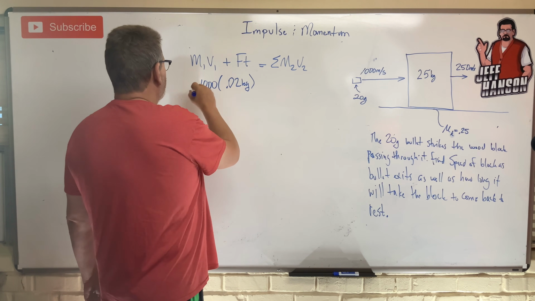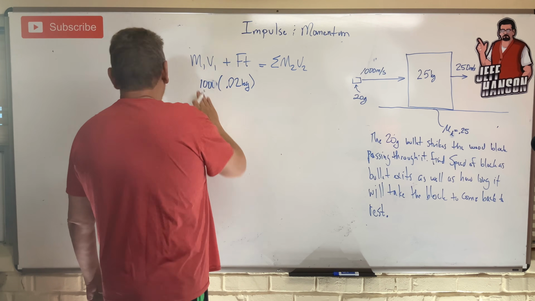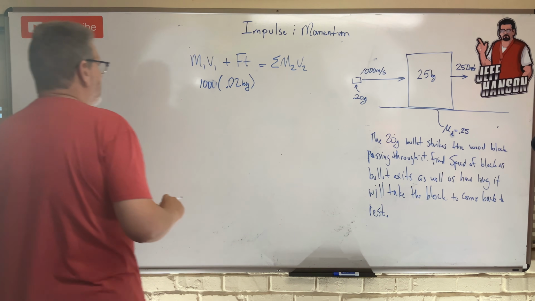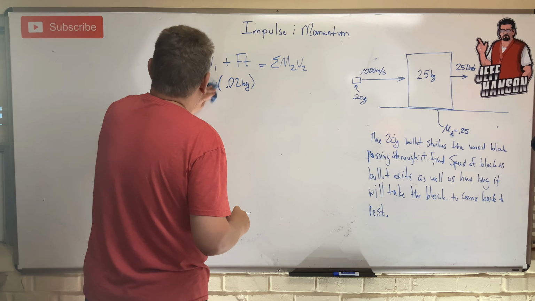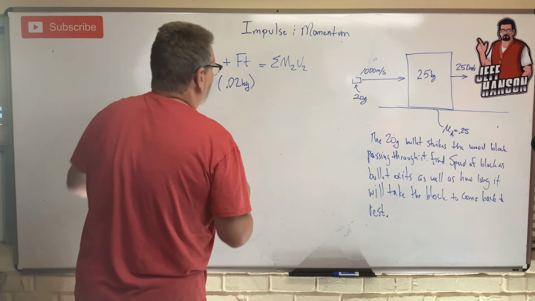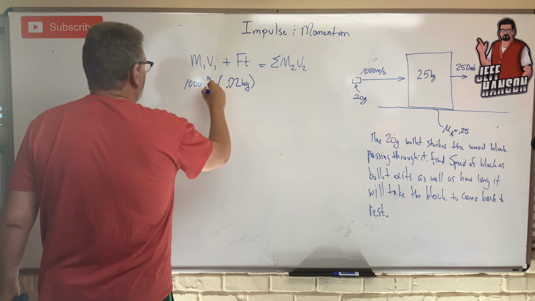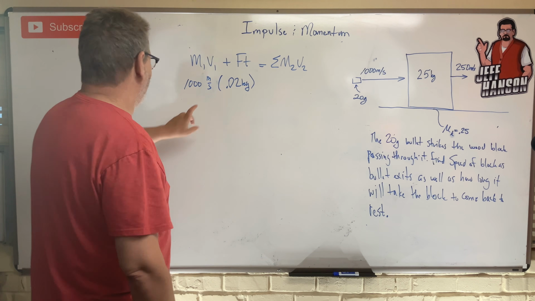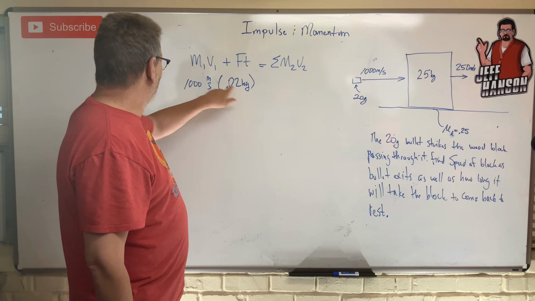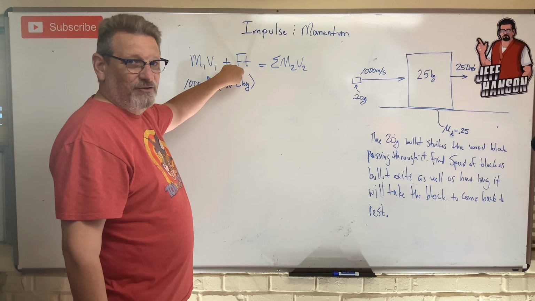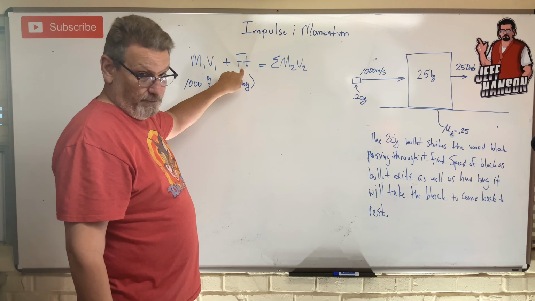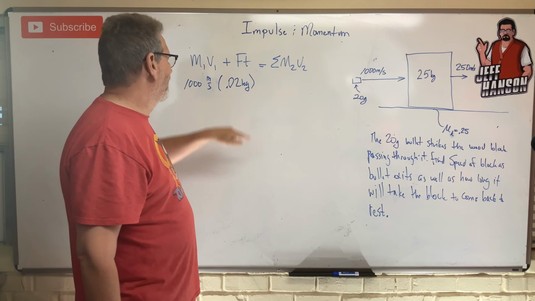The 1,000 is 1,000 meters per second. Notice this is kilogram meters per second. What did we say the units for that was? Kilogram meter per second. It's like apples plus apples.